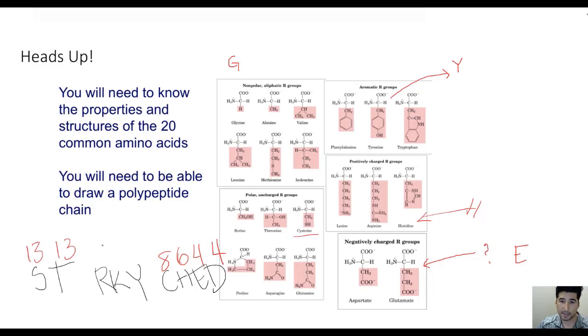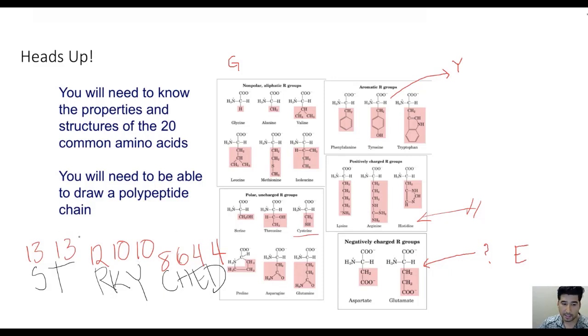Remember, we're just talking about the side chains. We're not talking about the carboxylic or the amine group that is found in every single amino acid. R has a pKa of about 12. K, which is for lysine, has a pKa of about 10. And tyrosine also has a pKa of about 10.